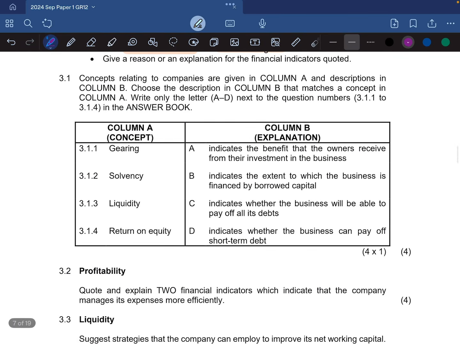So the first thing that we have is gearing on 3.1.1. And when we look at option A says indicates the benefit that the owners receive from their investment in the business, and that definitely doesn't look like gearing. And then when we read information B, it says indicates the extent to which the business is financed by borrowed capital.